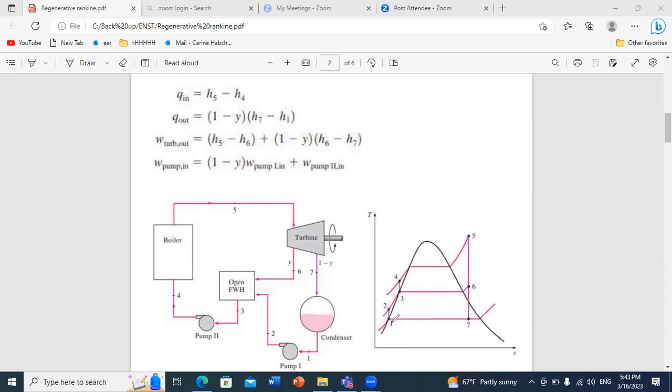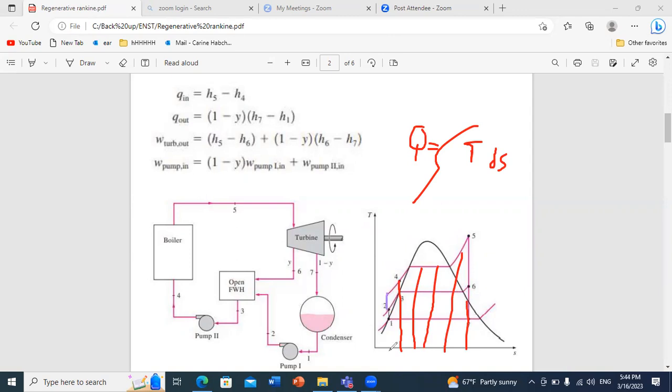Because if you look at the figure here, in the boiler you will heat from 4 to 5. If you want to calculate the amount of heat, you know that graphically the amount of heat Q provided is the integral of T dS. So you can do some graphical analysis on this. You can see that the amount of heat in the boiler is equal to this part. However, if you don't have the open feed water heater system, then you have to heat from this level.